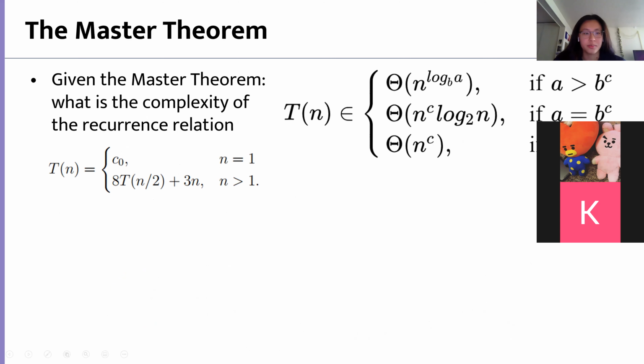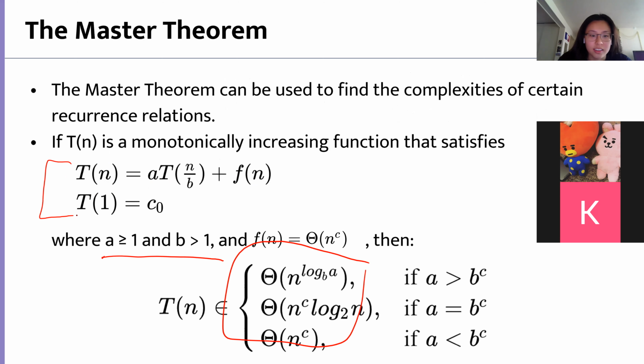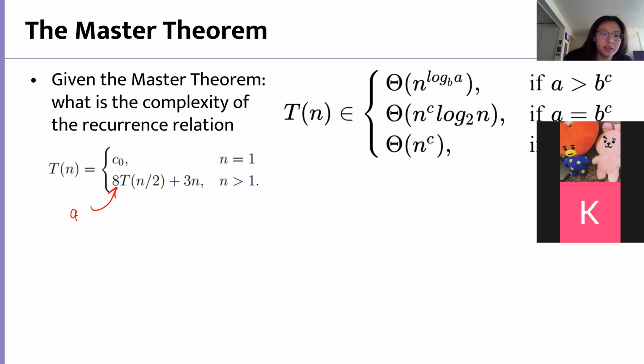Okay, so we'll go through this example. Given the master's theorem, what is the complexity of the recurrence relation? If we look at this, we have A is 8. Let's look at the last slide, sorry. And then we need B, B is 2. And then C is the exponent on this last term right here.